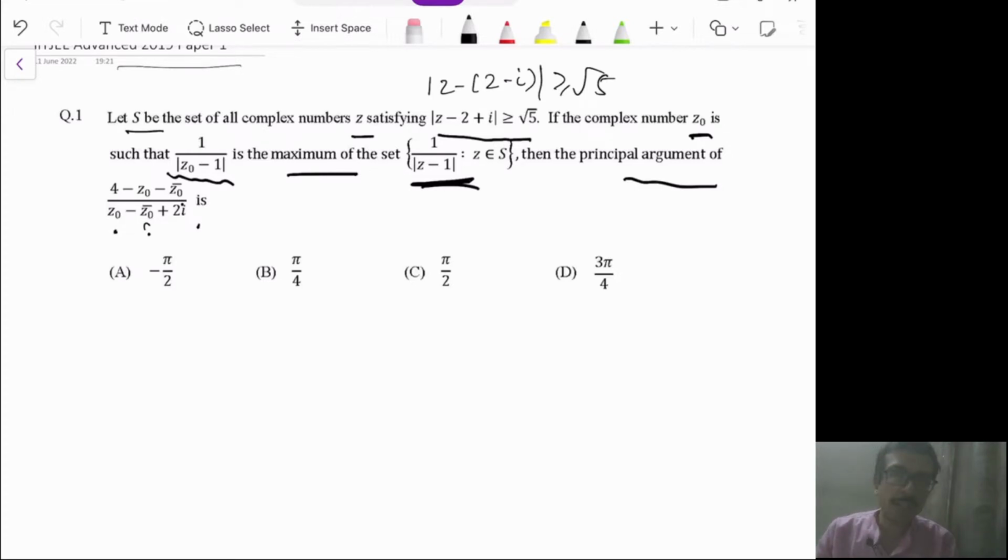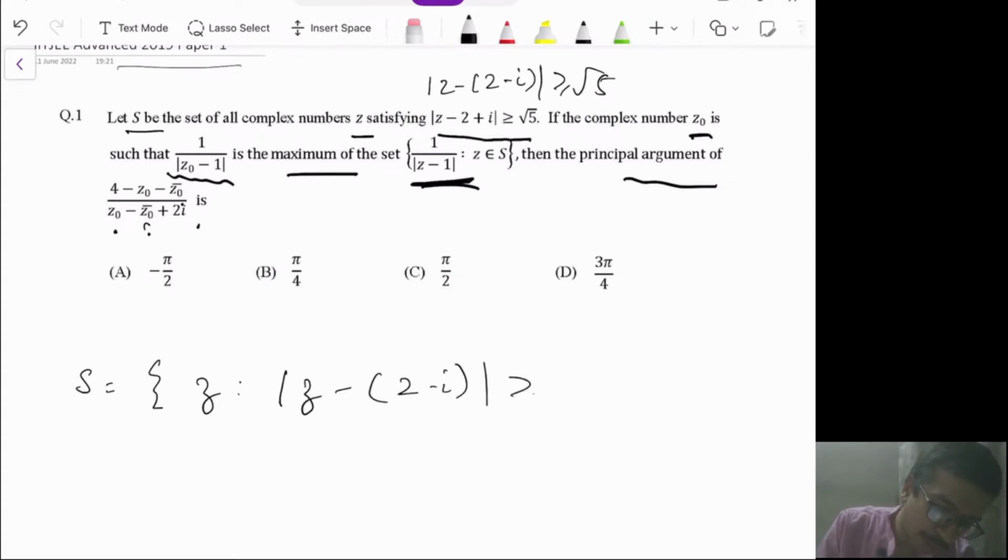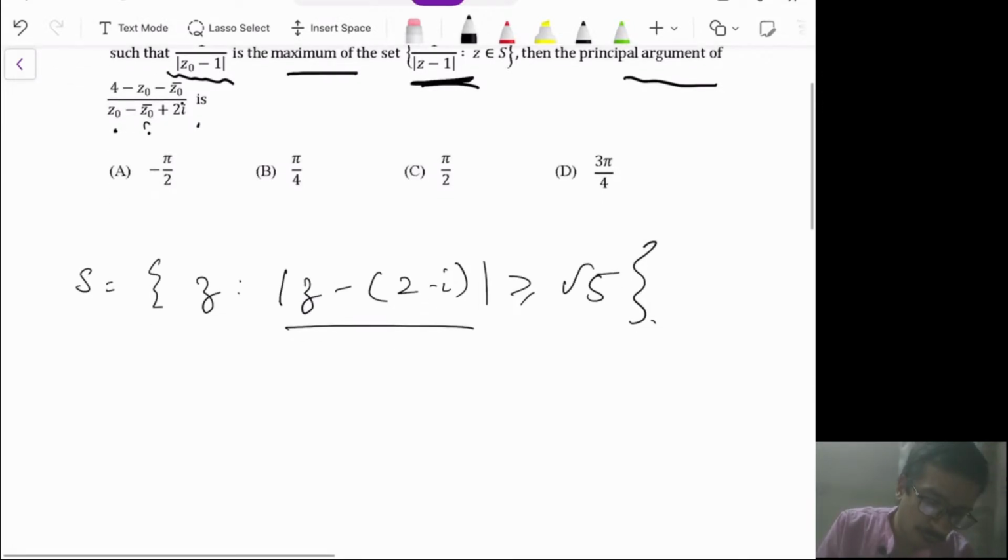Let's first try to understand what the set is. The set S is the set of those complex numbers such that mod of z minus 2 minus iota is greater than or equal to root 5. So z minus 2 minus iota represents the distance of this point z from the point 2 minus iota.